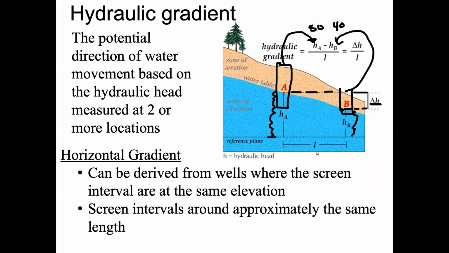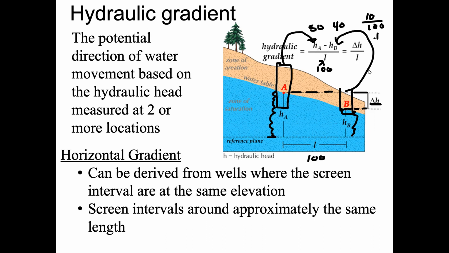Then we have some length, and let's say that length is 100. We plug that 100 in, the distance between the two wells, and we end up with 10 over 100, or a hydraulic gradient of 0.1.